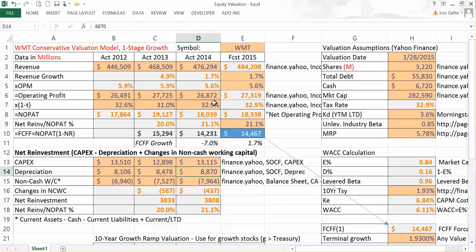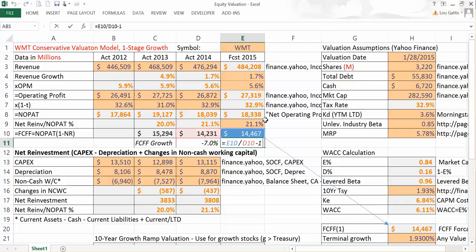And again, the way to think about that $4 billion is they spent $13 billion in 2014 for new equipment. I'm going to net that against the depreciation expense from prior years that is already included in profits, and that gives me my net reinvestment of $3.8 billion. So all of this work is really to get one number, which is $14 billion. And then I have estimates of what's been happening with those free cash flows over time.